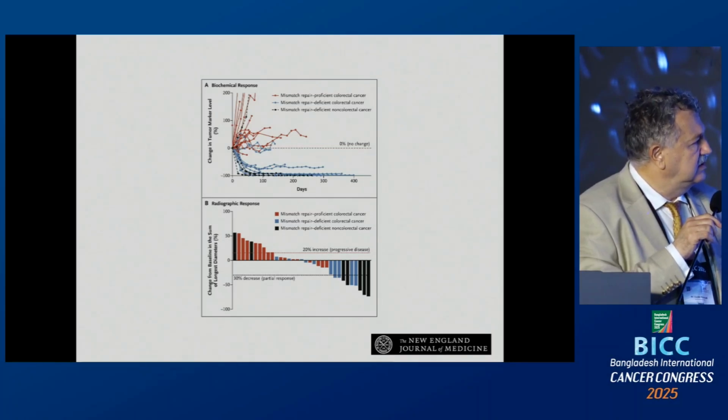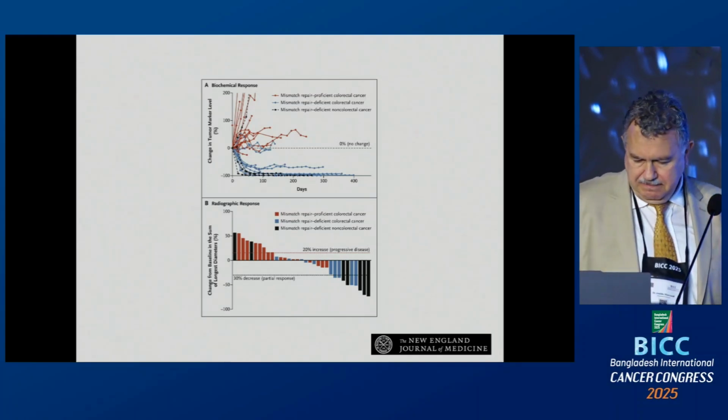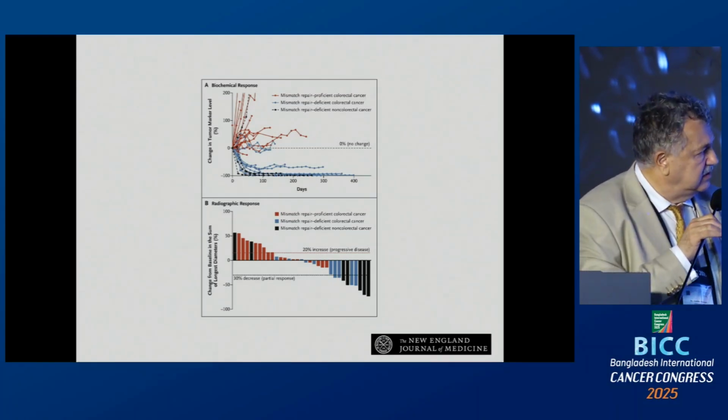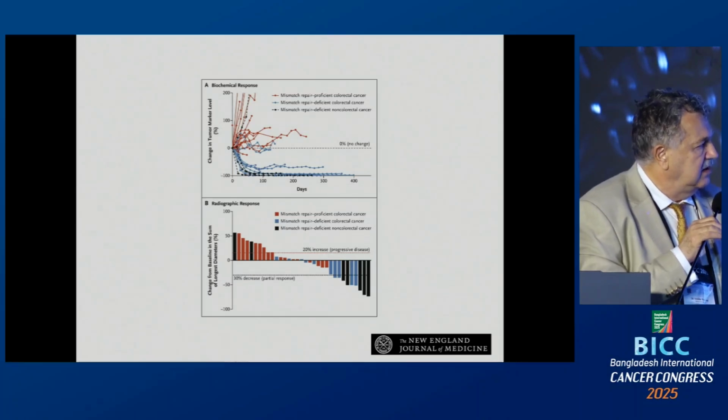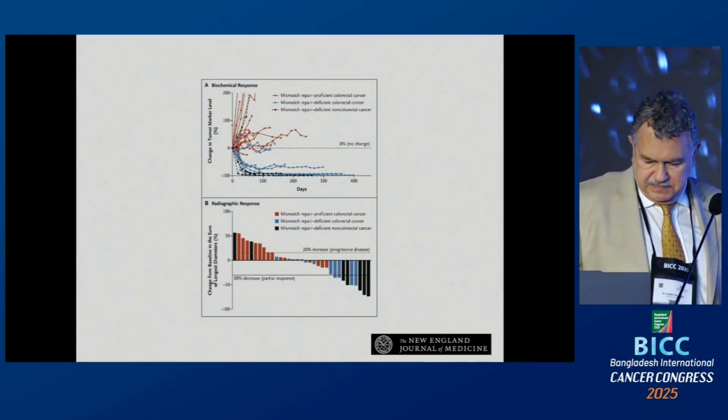In all those, when they were treated with pembrolizumab immunotherapy, the tumor marker, instead of continuing to go up, went down. And here you see all those cases, there is response. So this is not necessarily colon cancer, but the blue ones are colon cancer, colorectal cancer. Now also, if you use it for MSI low, in this case it doesn't work, as you can see here.